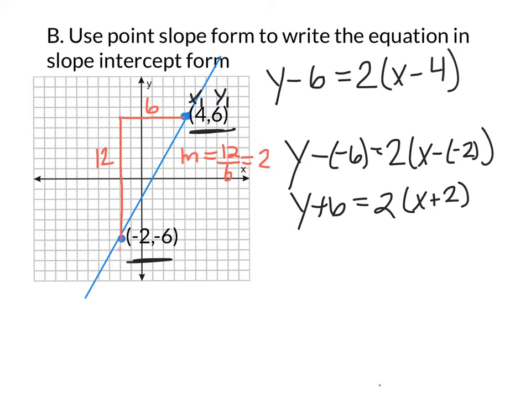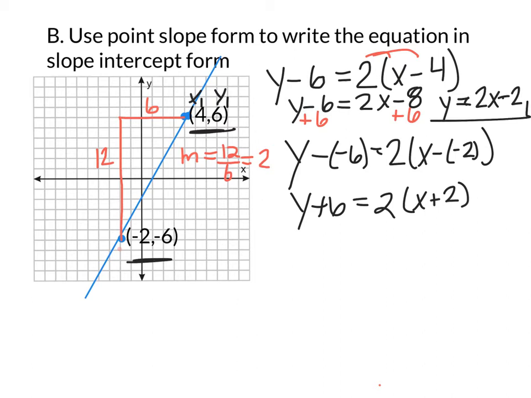But what happens when we solve for y and put it in slope-intercept form, and this is why we like slope-intercept form better, if I distribute, I get y minus 6 equals 2x minus 8, and we add 6, and we get y equals 2x minus 2. Okay, do we get the same thing with the equation down here? We should, because it's the same line.